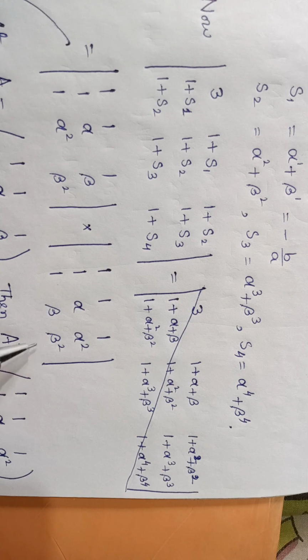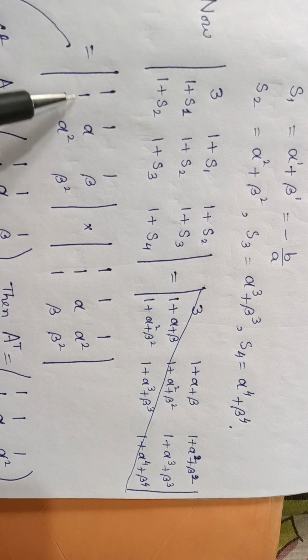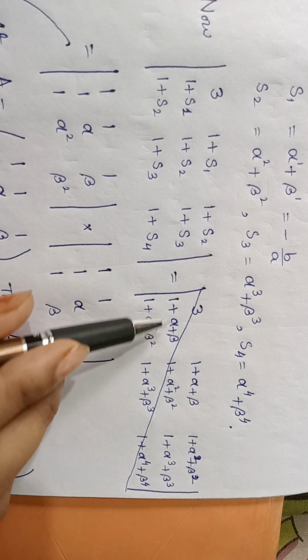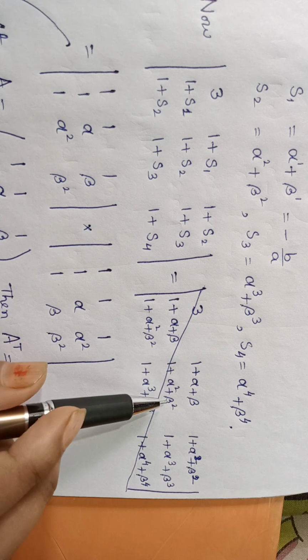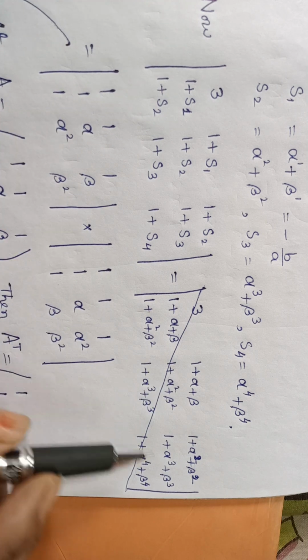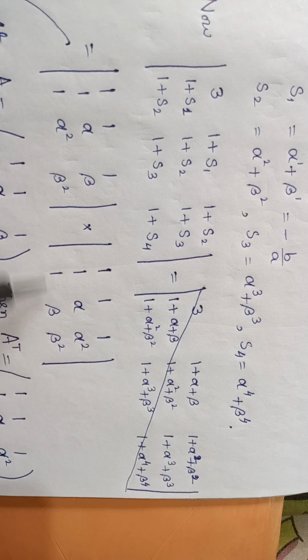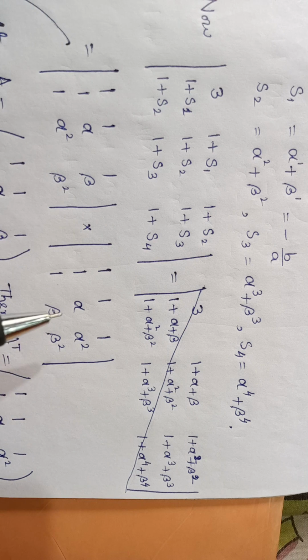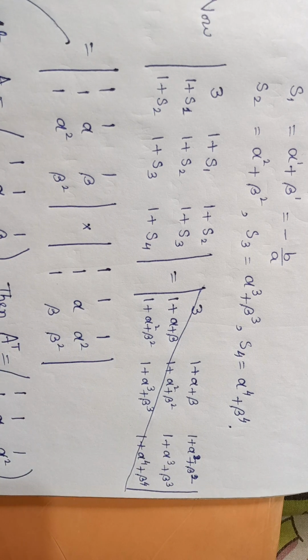First row and the third column, that is 1 plus alpha square plus beta square. Second row first column, 1 plus alpha plus beta. Second row second column, 1 plus alpha square plus beta square. Second row third column, 1 plus alpha cube plus beta cube, and so on. In this way we can multiply these two matrices, and we see that after multiplication we are getting this matrix.